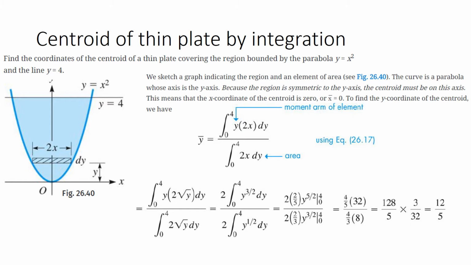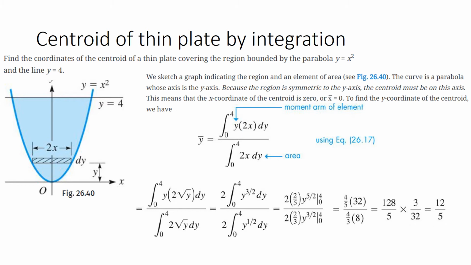How far up on the thin plate it is, multiplied by 2x, which is how big that portion is. That 2x is that thickness. And we also need to know the height of the plate, and that's that infinitely thin dy.